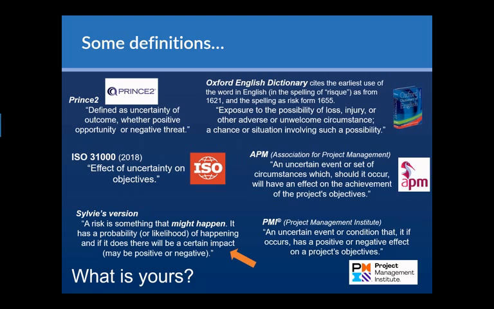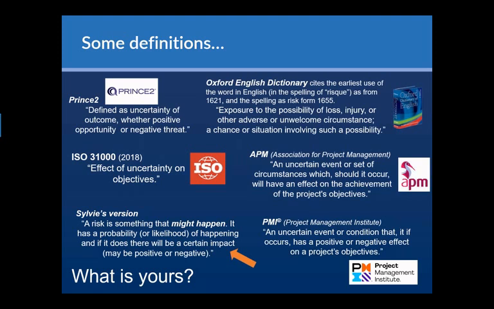We're trying to define what uncertainty means and define it in a way that we can literally see what the impacts to our projects are going to be. So either positive or negative. And I'm going to talk about the positive versus the negative a little bit more, just because over the years, I have had a lot of clients, students, or people ask me, Sylvie, what would be your definition of risk?